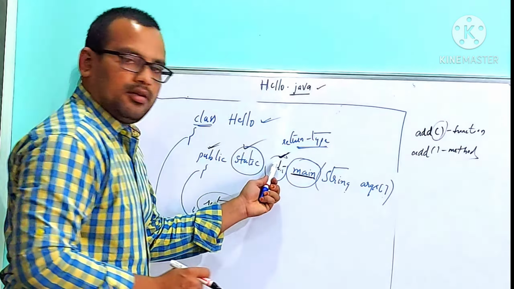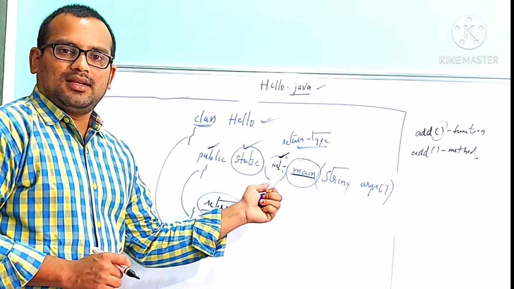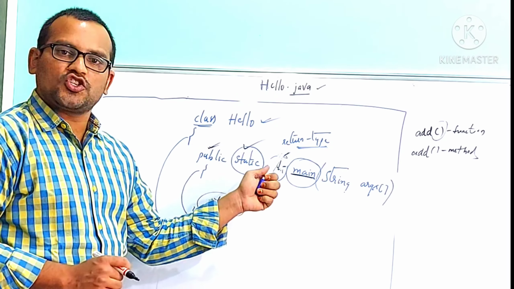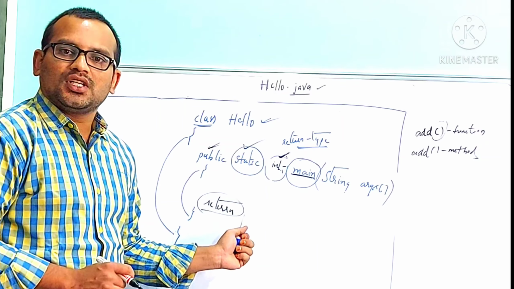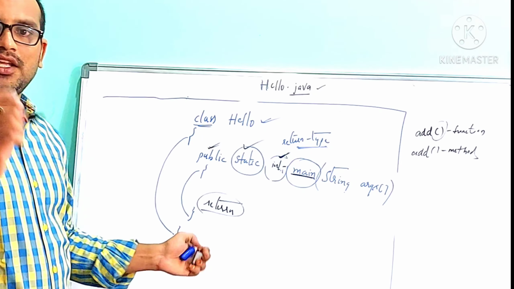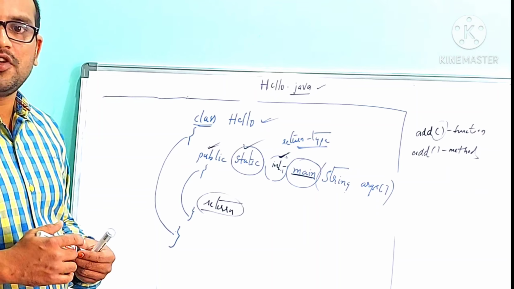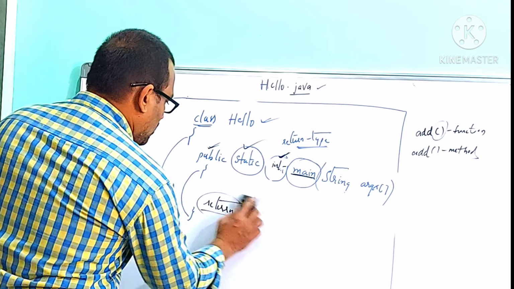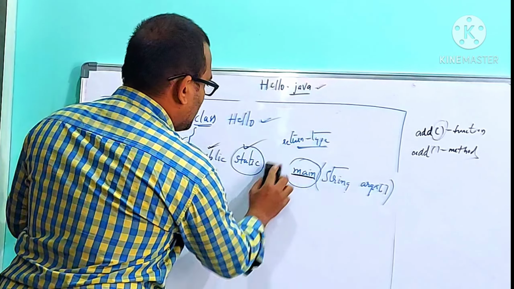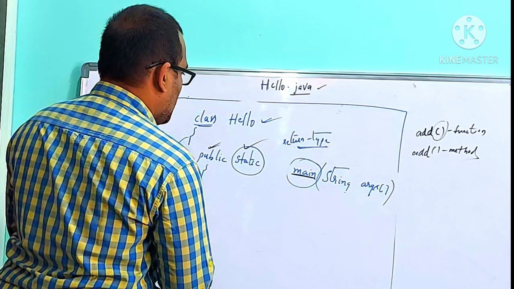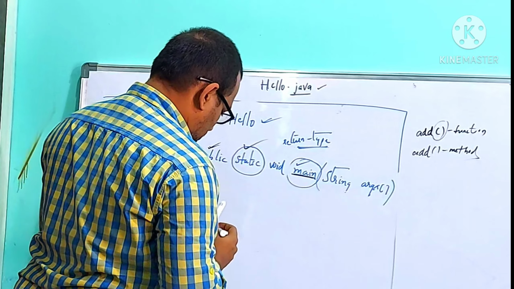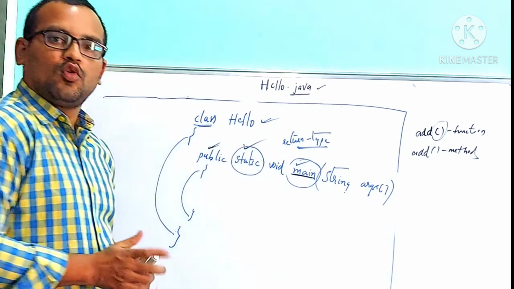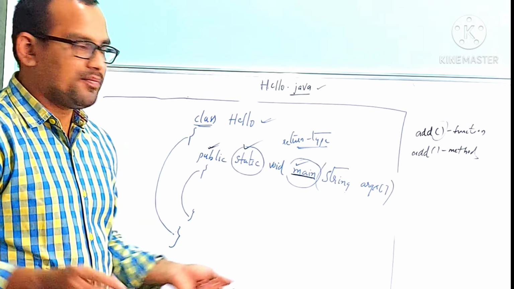If you use any data type like int, float, or string, you must use a return statement inside the main method. We will discuss this in the methods concept. Don't worry. I am not going to use any return here, so the return type is void. You know the main method very well: every program starts with the main method only. Without the main method we cannot do anything.